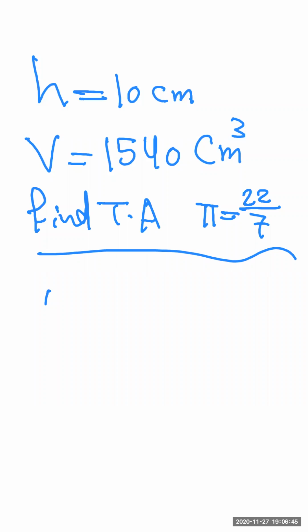Actually, first the volume equals what? Area of the base times height. So area of the base, it's a circle, so πr squared, times height, which is h.